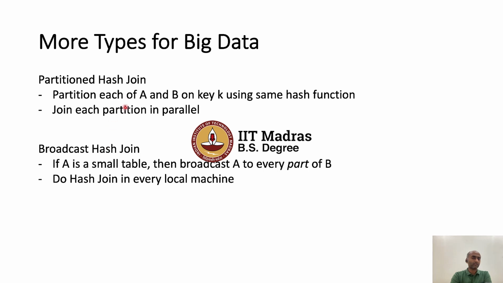Effectively, within hash join itself, there are two variants which are possible. One is called the partitioned hash join, the other is the broadcast hash join. In a partitioned hash join, especially when the tables are large in size, you could look at the tables being large in size in two ways.